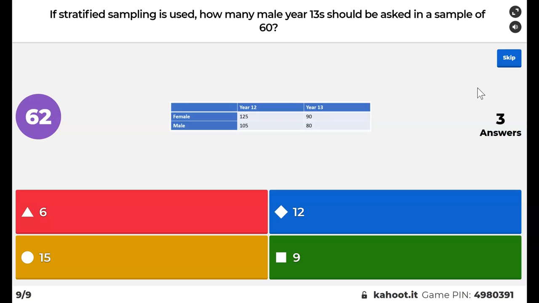I think I've done it wrong. I've guessed it right. Yeah, you get it, yes, it's 50%.